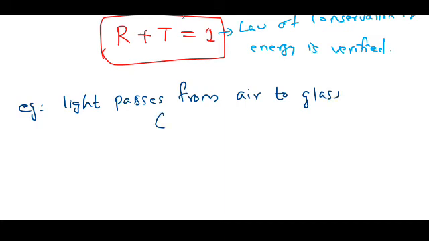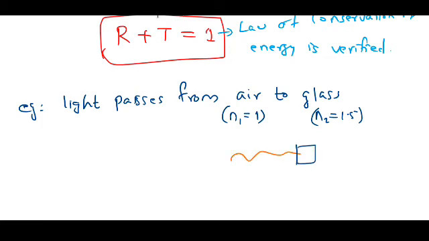You know the refractive index of the air, that is N1 is equal to 1, and glass N2 is equal to 1.5. What is the fraction of the reflected energy? That can be easily found out.